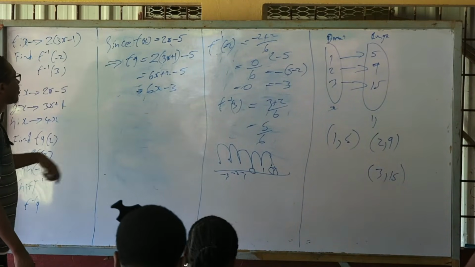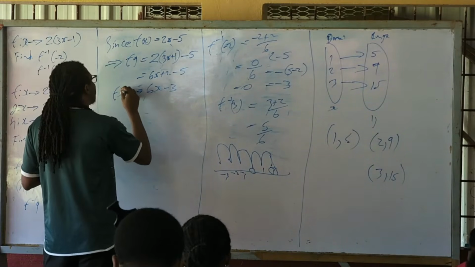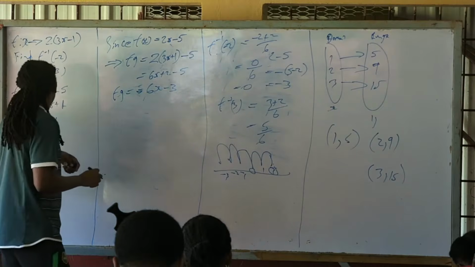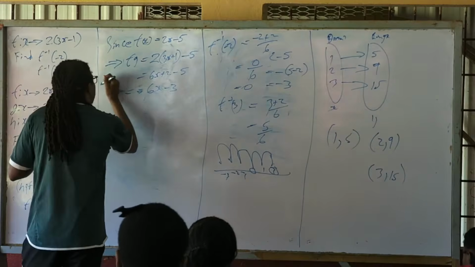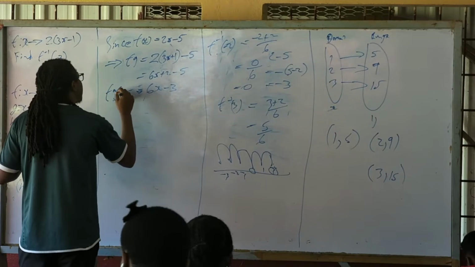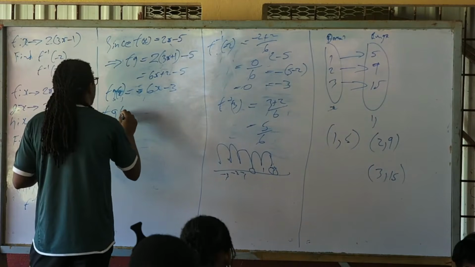So this is now f of g. So they ask me to find f of g of 2. So this is f of g of x. So they say find f of g of 2.